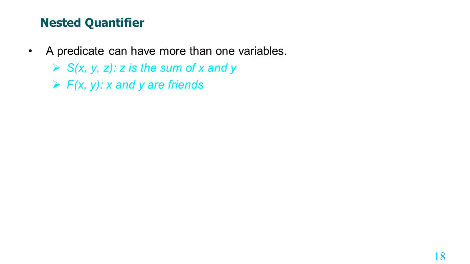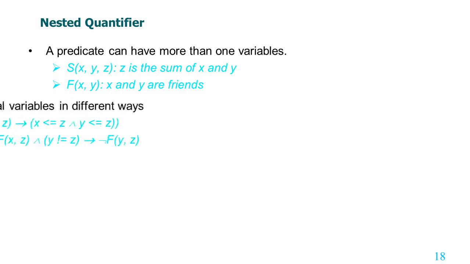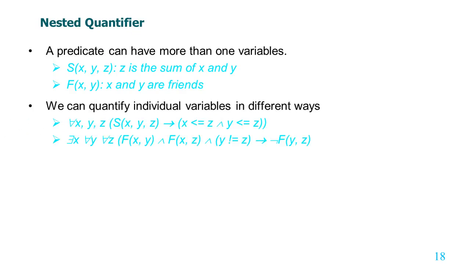A predicate can have more than one variable. Suppose that this is a predicate of x, y, z: z is the sum of x and y. If x and y are friends, then we can make some statements using nested quantifiers like this. We can quantify the individual variables in different ways.